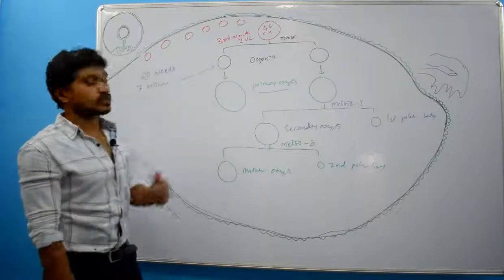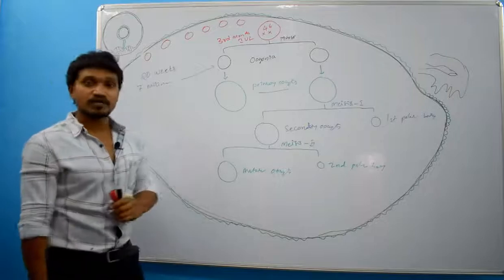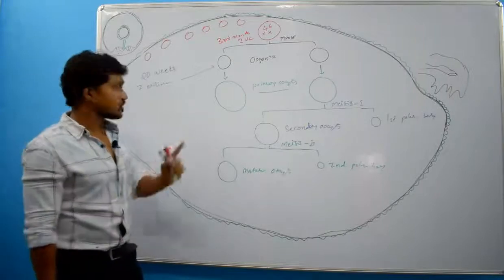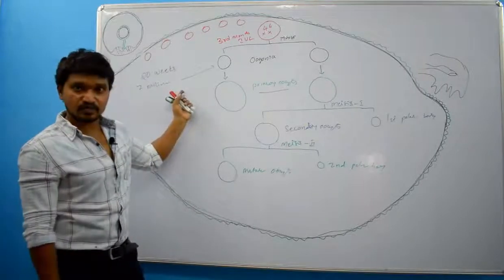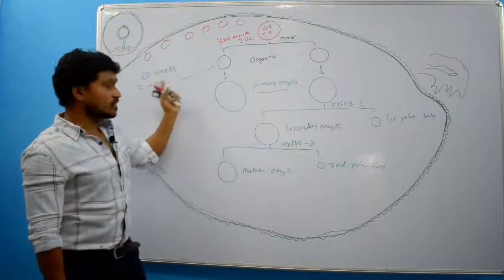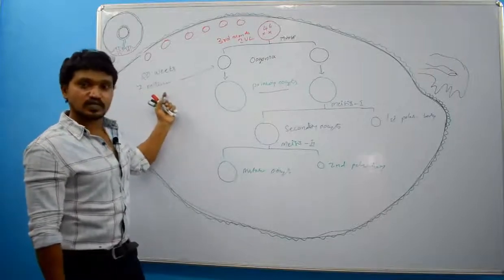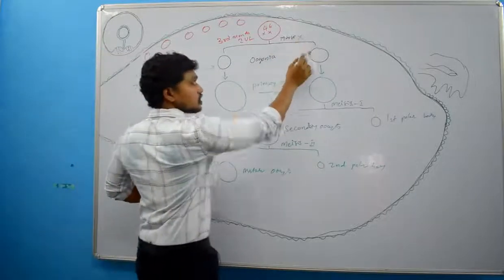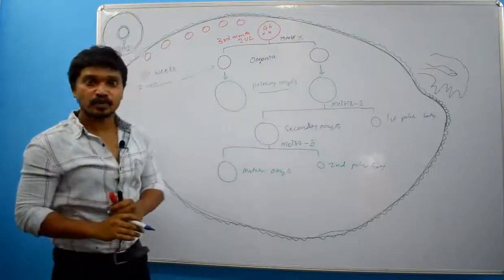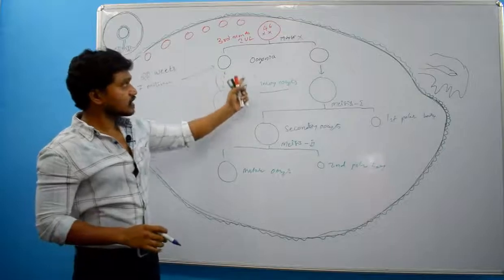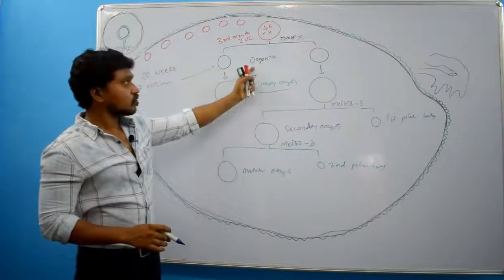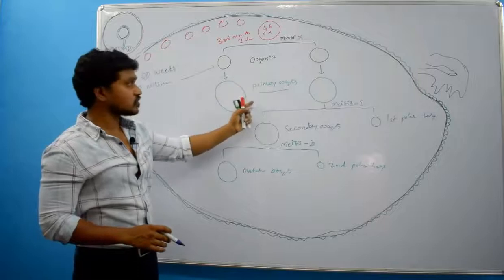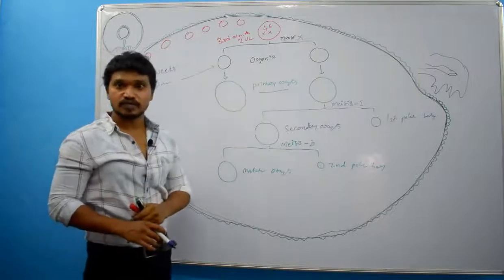Around 20 weeks of intrauterine life, we can find 7 million oogonia. Right? Actually, that is the highest number. Once the ovary reaches around this number of oogonia, mitotic division will stop. Then there will be conversion of oogonia into primary oocytes.